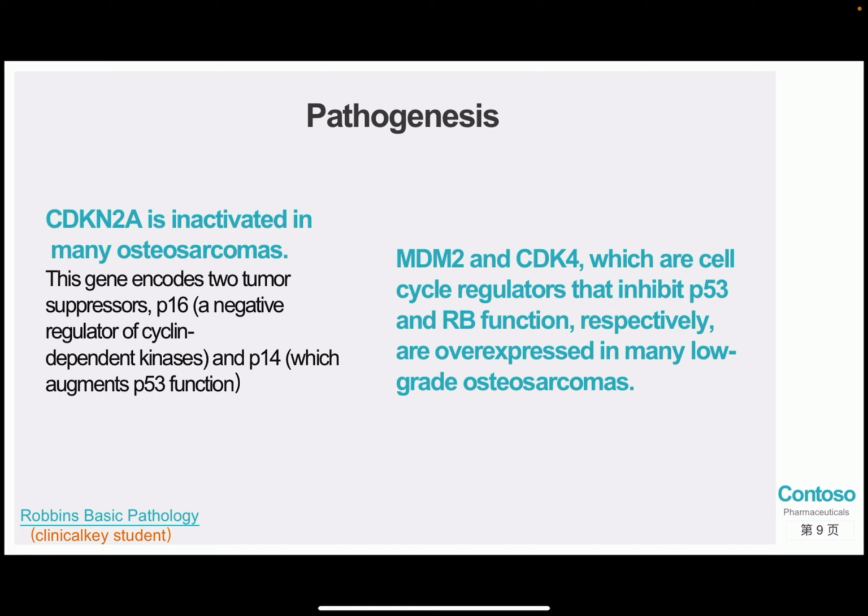CDKN2A is inactivated in many osteosarcomas. This gene encodes 2 tumor suppressors: P16, a negative regulator of cyclin-dependent kinases, and P14, which augments P53 function. MDM2 and CDK4, which are cell cycle regulators that inhibit P53 and RB function, respectively, are overexpressed in many low-grade osteosarcomas.